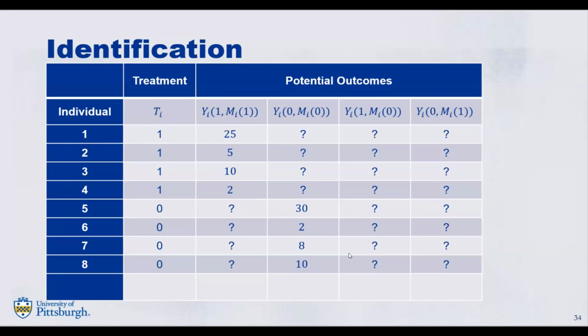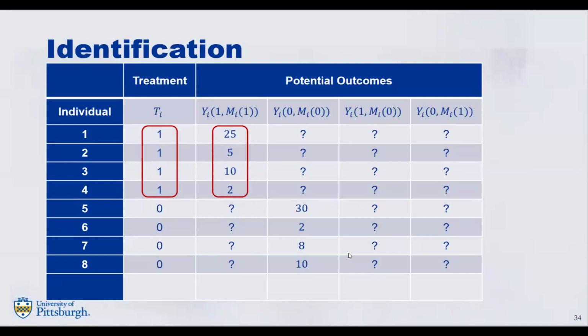However, as illustrated in this table, among the 8 participants, the first 4 were assigned to LFA, for whom the only observables are M1 and Y1M1.